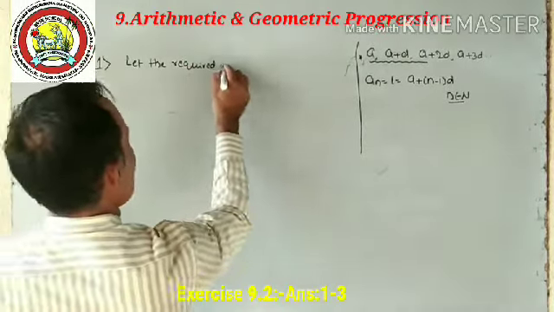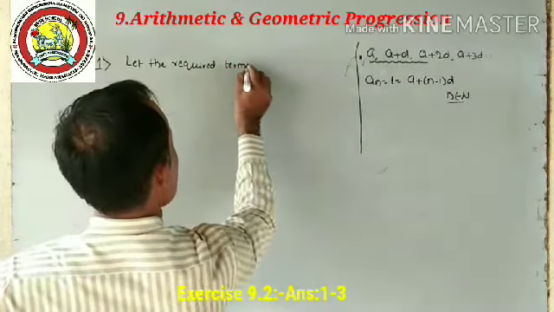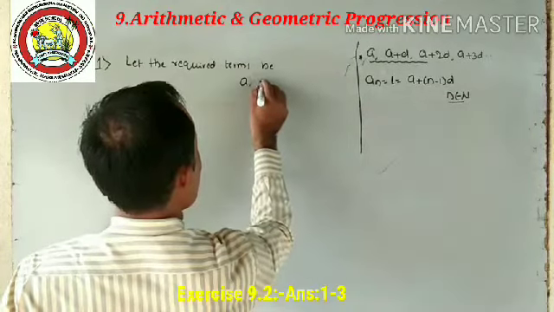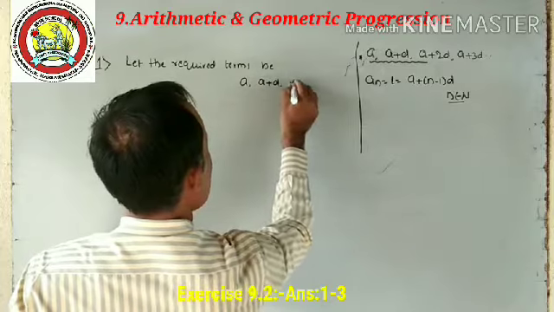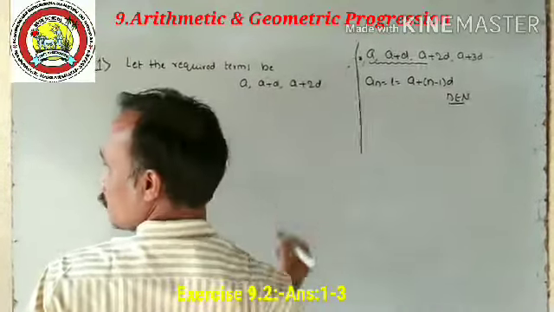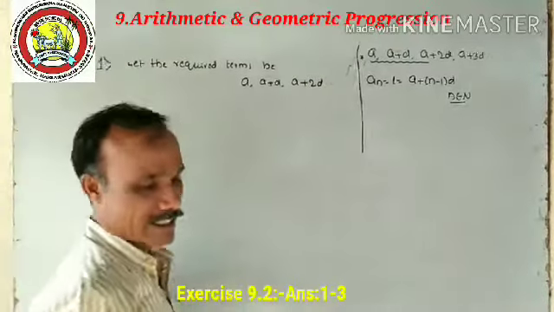Let the required terms be a, a plus d, and a plus 2d, and so on, but you write a minimum of 3 terms.